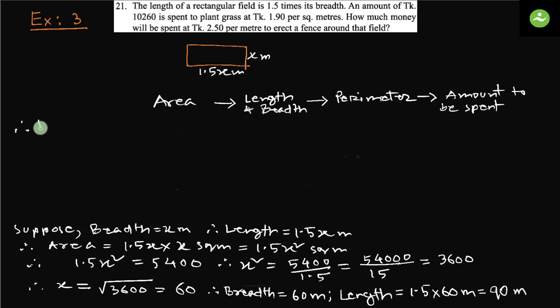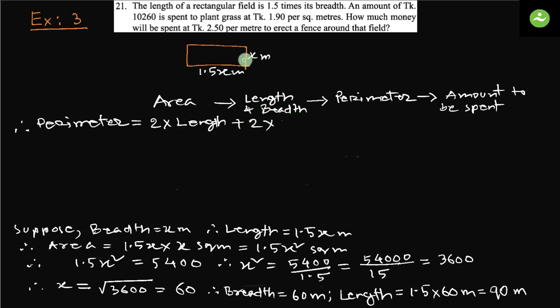Therefore perimeter equals 2 into length plus 2 into breadth.